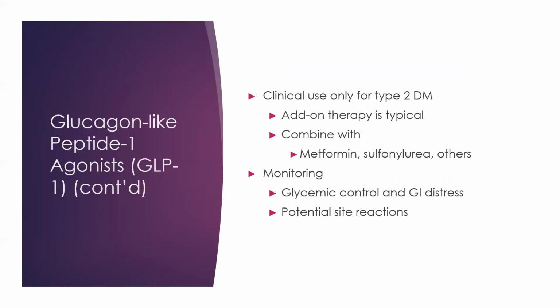Precautions: renal impairment, gastroparesis, and patients planning to become pregnant, just because there are other agents that are preferred. For monitoring: serum glucose, renal function, volume status, weight, triglycerides, and signs and symptoms of pancreatitis or gallbladder disease.